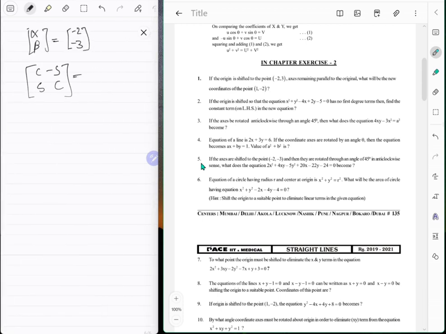So it's going to be 1 upon square root 2, minus 1 upon square root 2, 1 upon square root 2, 1 upon square root 2, which is basically just 1 upon square root 2 times the matrix 1, -1, 1, 1. So this thing times our capital X, capital Y.